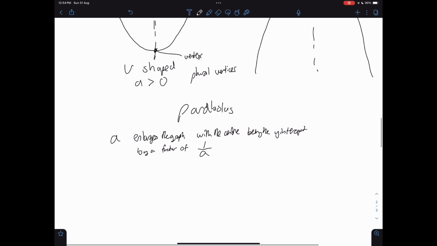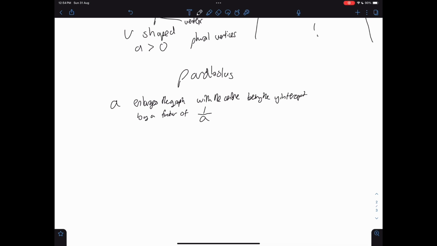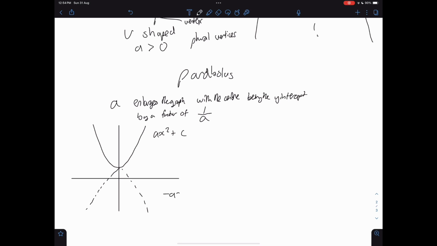And B does something a bit more interesting. Say we take this graph, which is some ax squared plus c, because that is the y-axis there. And we just imagine this, which is negative a squared plus c. And if we start adding b terms, what we'll get is something like this.